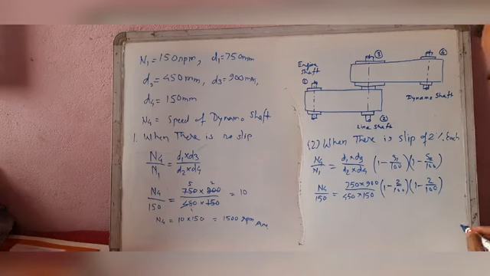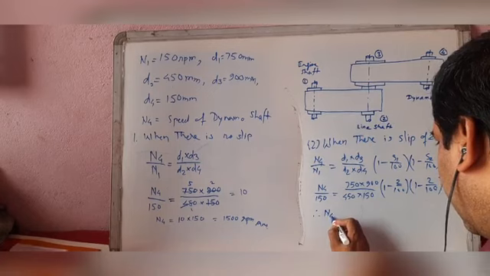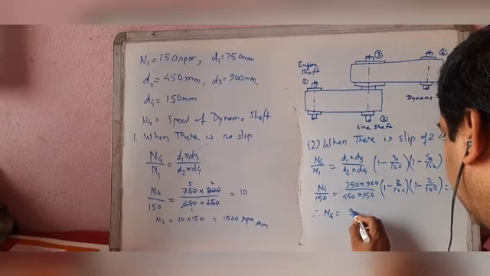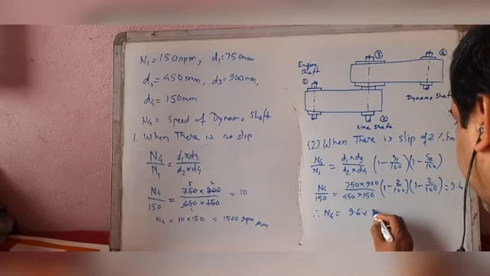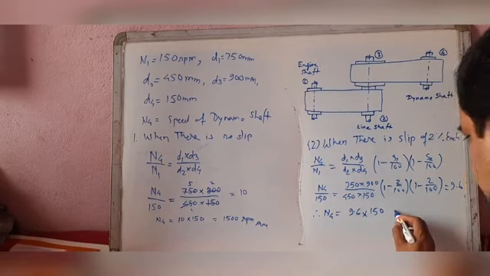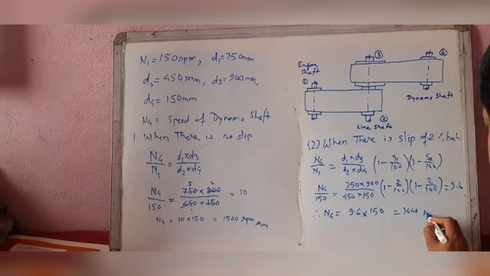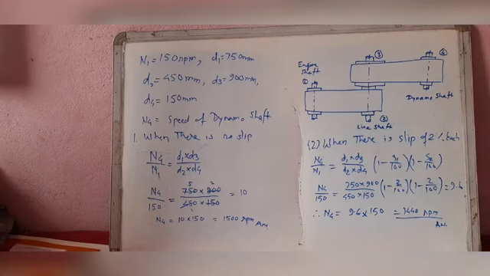So this comes 9.6. So N4 equal to 9.6 into 150. So this value comes 1440 rpm. Okay, this is the answer. We will take some more numericals.